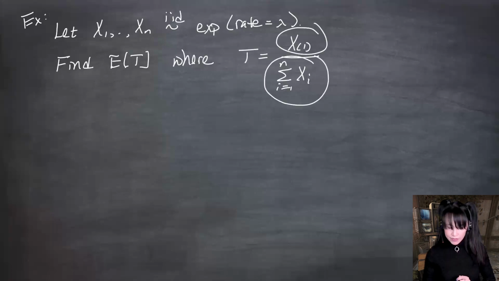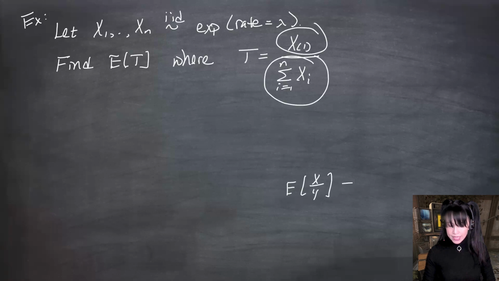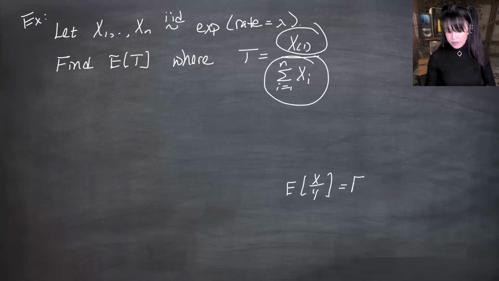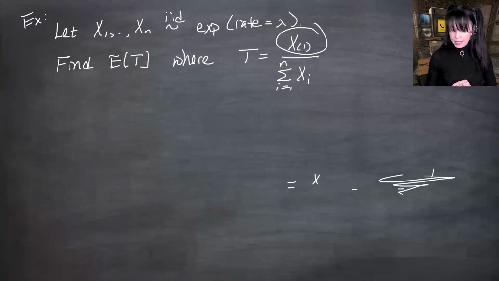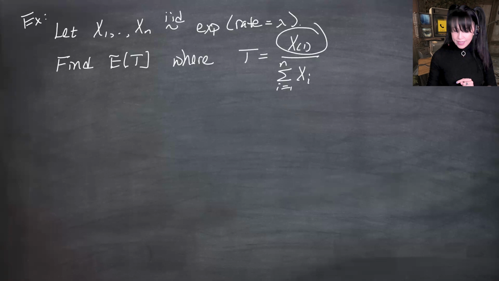But even if it was, if you had x and y independent, that doesn't mean you can say that it's the expected value of x over the expected value of y. If they were independent, you could say that this was the expected value of x times the expected value of 1 over y. Again, only if they're independent, and I'm not writing that there. But yeah, it's not an easy problem at first glance.